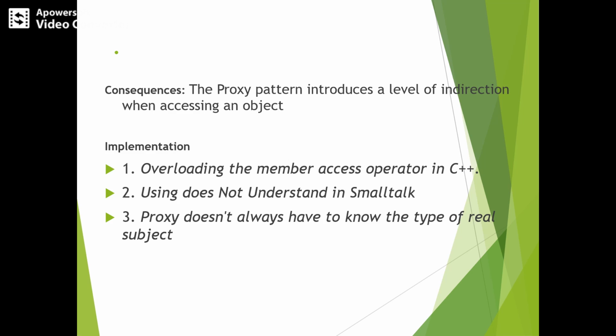Notice here that the image proxy acts like a pointer, but it is not declared to be a pointer to an image. It acts as a pointer, but we have not actually declared it to be a pointer to an image. And overloading the member access operator is not a good solution for every kind of proxy.